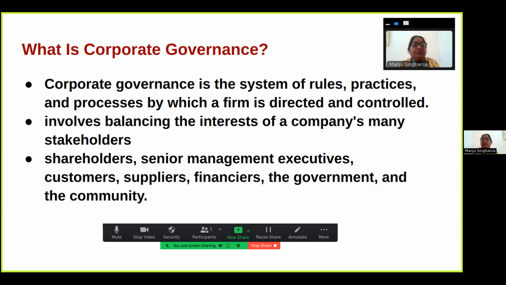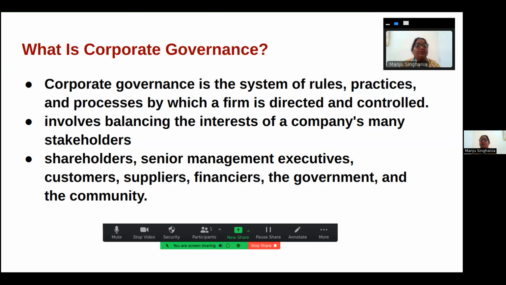The government gives the infrastructure and receives revenue in the form of tax, and the entire society and community. These are the stakeholders.